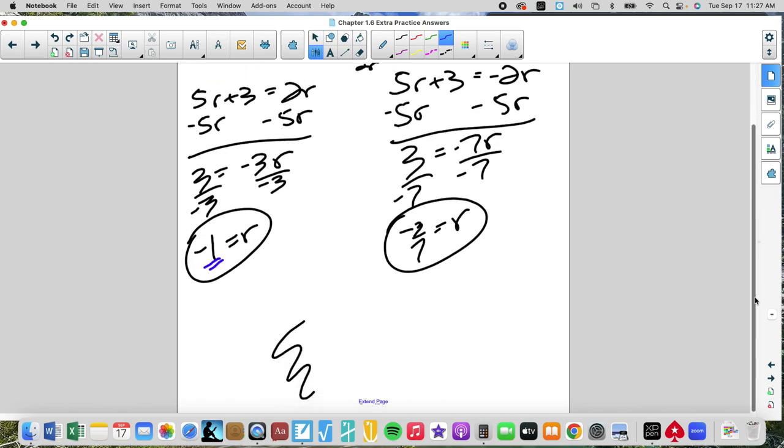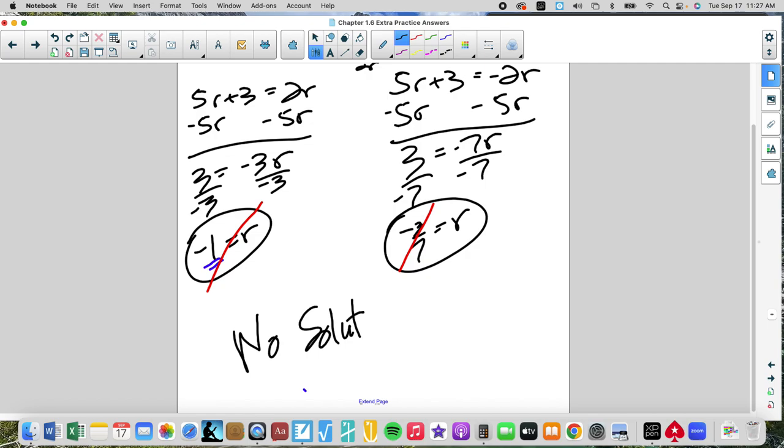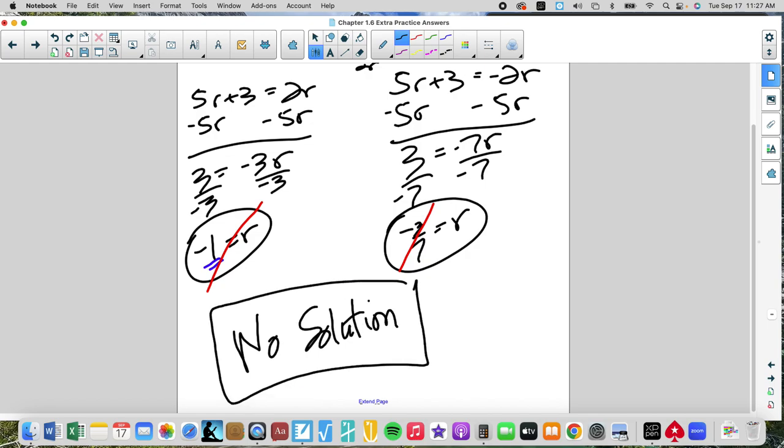So only when you check do you see that. So that doesn't work and that doesn't work. So my answer is no solution. Wow. So now you see the value of checking your answers.